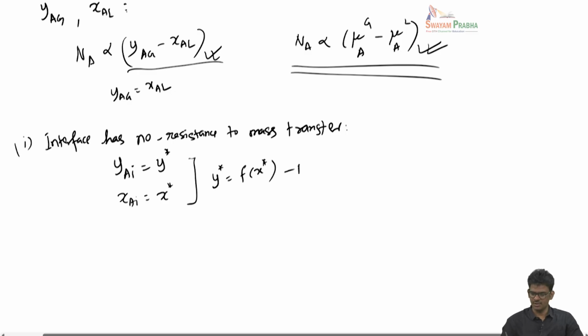Okay, so this is the equilibrium curve which I talked about in the last class. So the concentration at the interface is governed by the equilibrium curve, the equilibrium law.